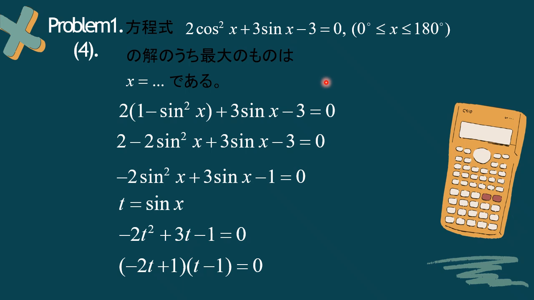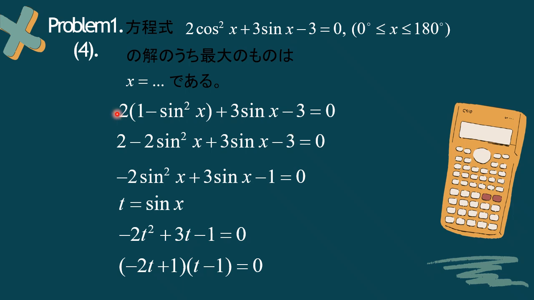So we can relate each one to the other. So for cosine x to the power of 2, we substitute it by 1 minus sine x to the power of 2, and the rest are the same.